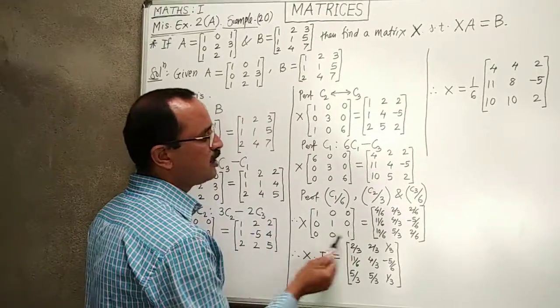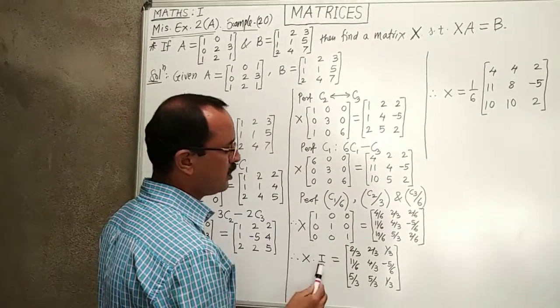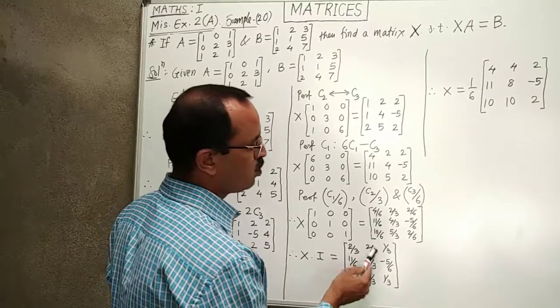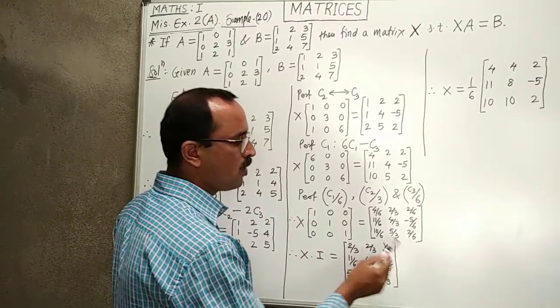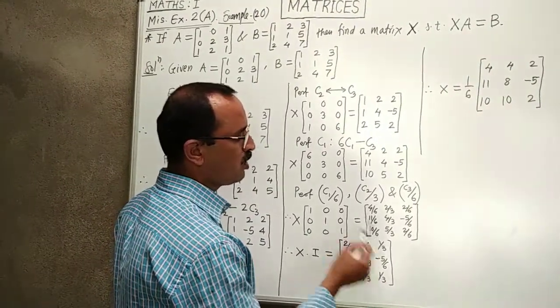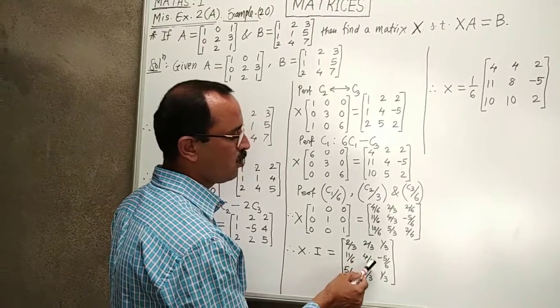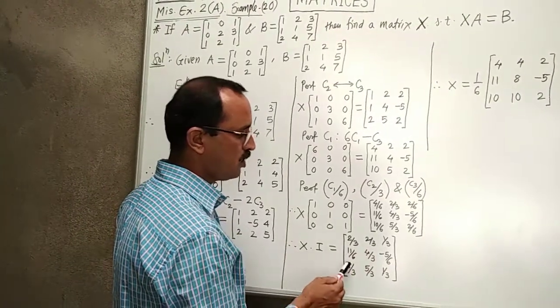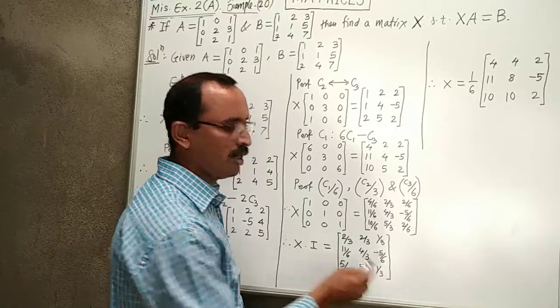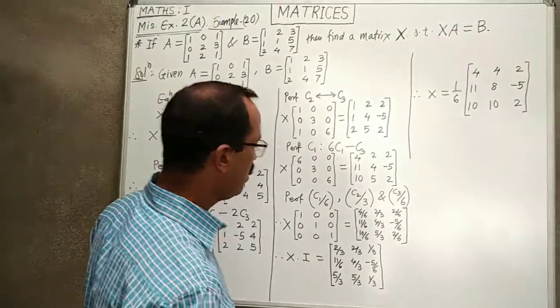So this is the identity matrix. So we get X into the identity matrix equal to the matrix with rows 2 upon 3, 2 upon 3, 1 upon 3; 11 upon 6, 4 upon 3, minus 5 upon 6; 5 upon 3, 5 upon 3 and 1 upon 3.